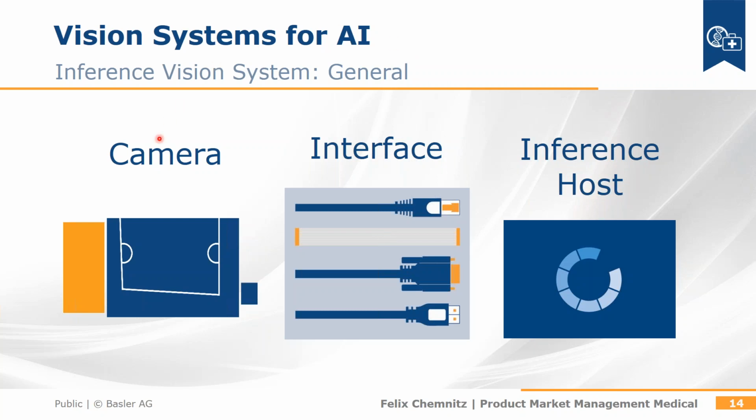In our definition, we have on the one side the camera itself. Then you have this interface, where we showed here GigE, USB 3, MIPI CSI-2, to transfer the data directly from the camera to a kind of inference host, where the trained neural network is running and gives you the ability to run your trained neural network.